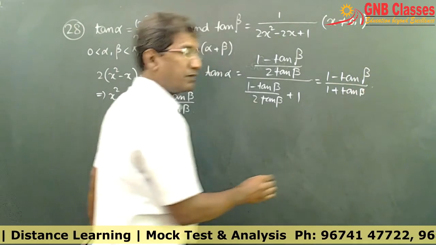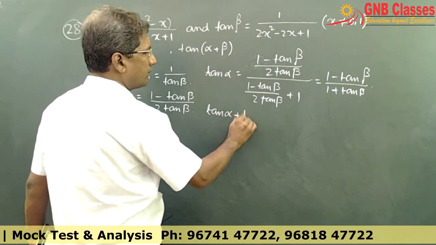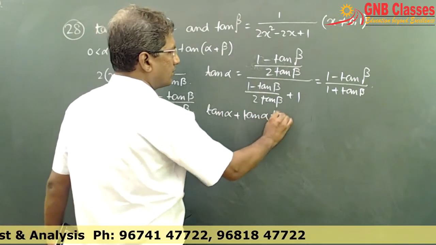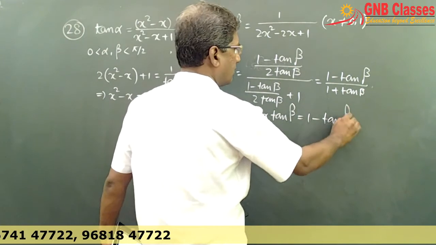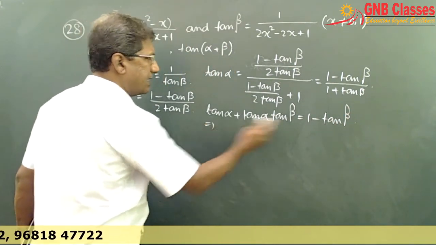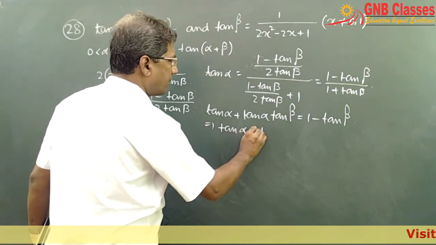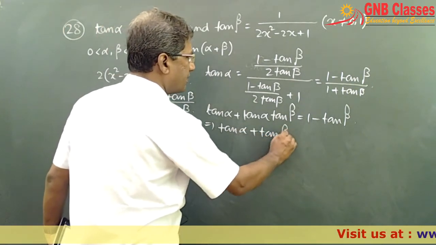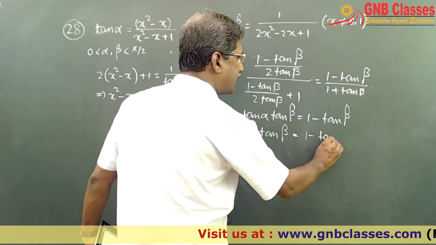Is it clear? Now let me cross multiply. So what we are getting, let me take tan beta in the left hand side and let me take tan alpha tan beta in the right hand side. So we are getting 1 minus tan alpha tan beta.